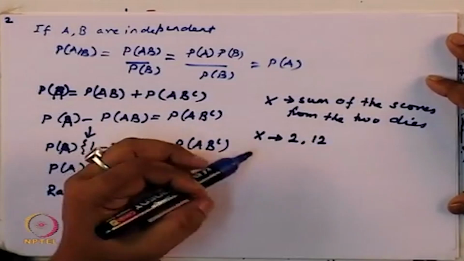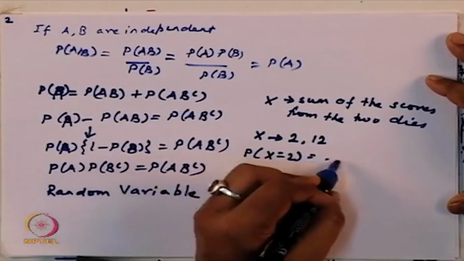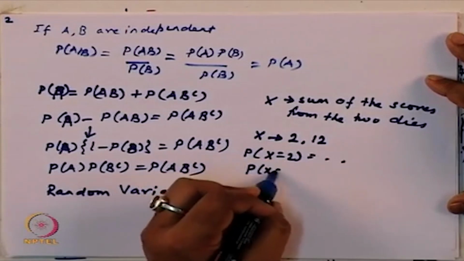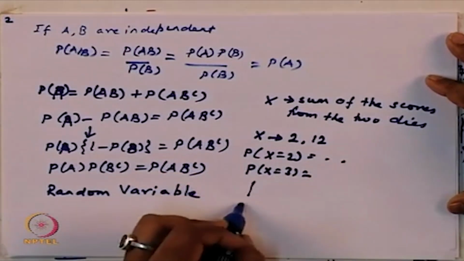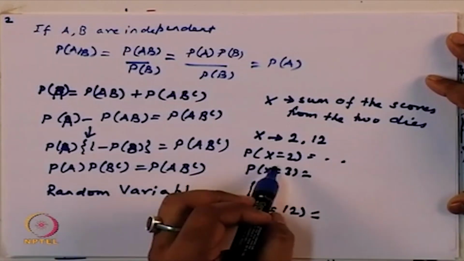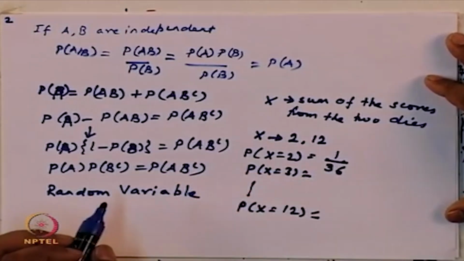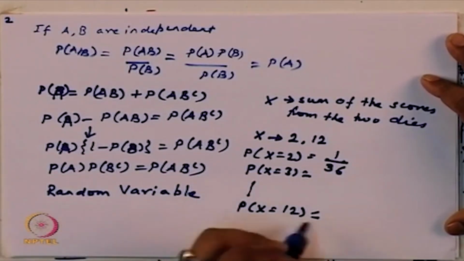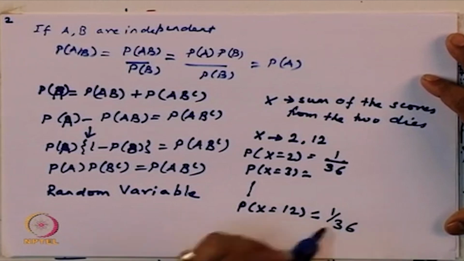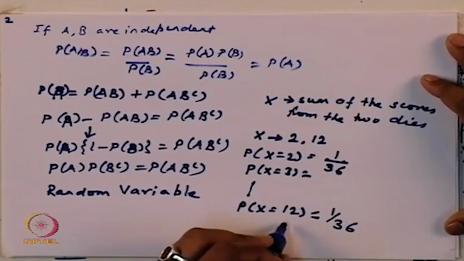And we had computed each of the probabilities, X equal to 2, X equal to 3, and so on up to 12. So, for example, probability of X equal to 2 is nothing but 1 by 36, and probability of X equal to 12 is also 1 by 36, because 6 and 6 is the only outcome which corresponds to X equal to 12.